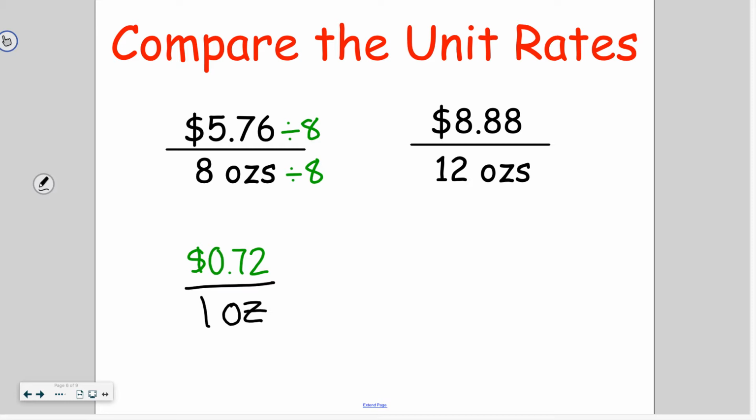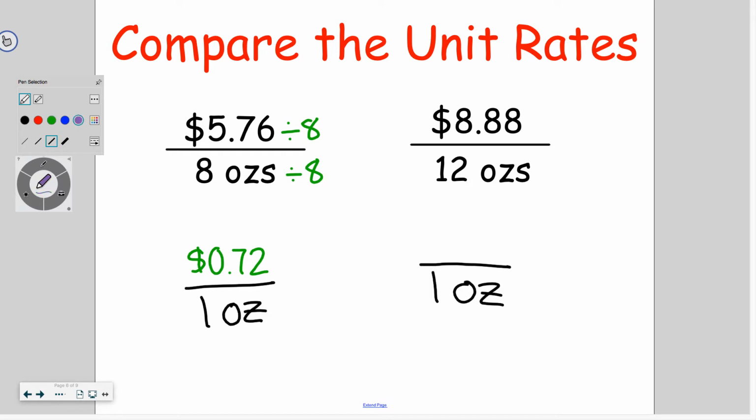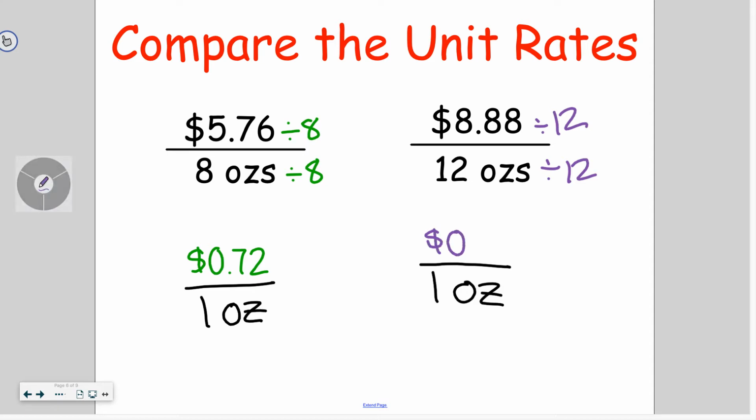For the second one, we are also going to need to get to 1 ounce on the bottom. So this time we are going to need to divide both by 12. And when I do that, I get $0.74.